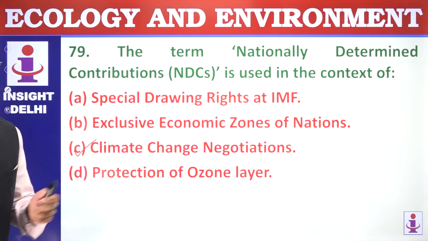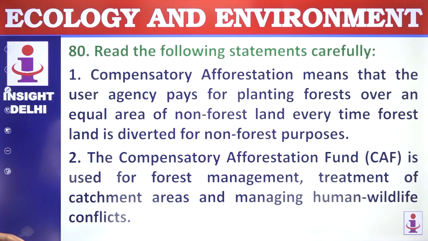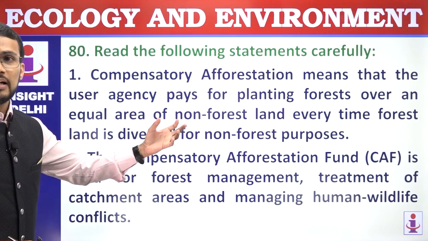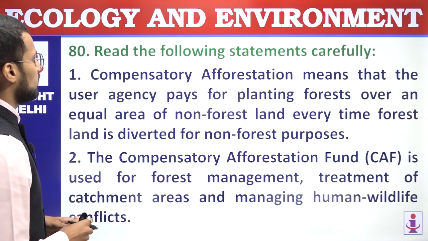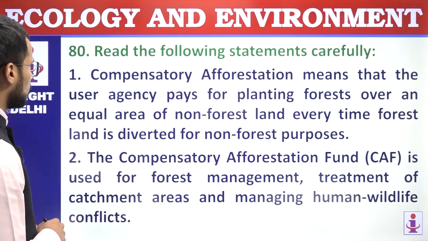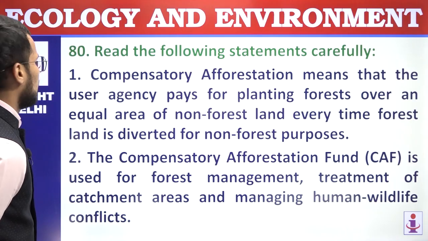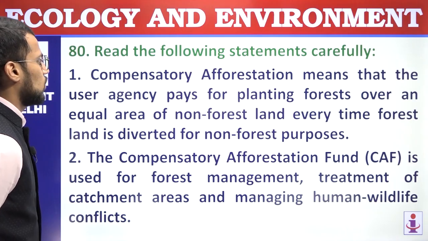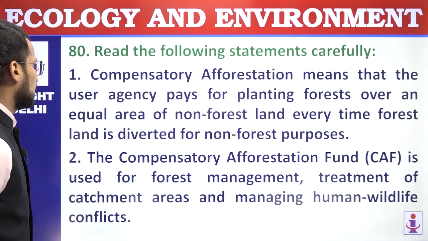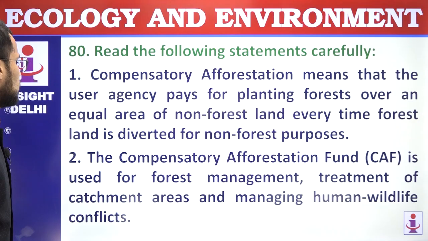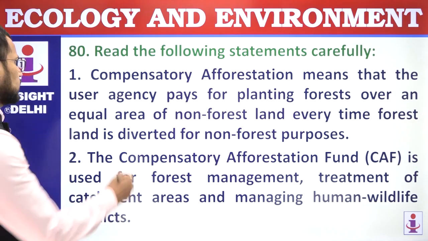climate change negotiations. 80th question, last question from environment, and hereafter questions are there from current affairs. So, read the following statements carefully. First, compensatory afforestation means that the user agency pays for planting forests over an equal area of non-forest land every time forest land is diverted for non-forest purpose.